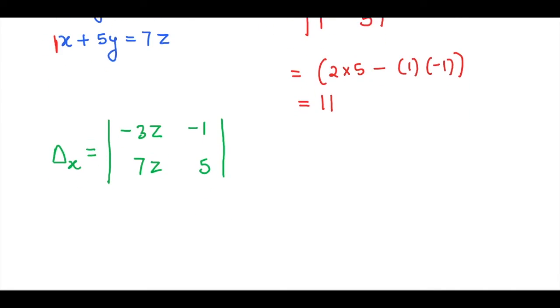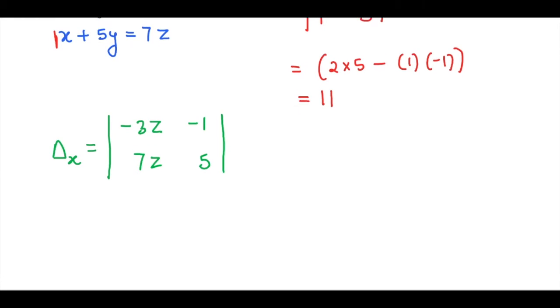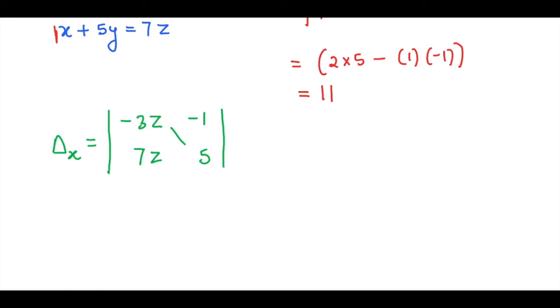It is very simple to find the value of del x here. Just multiply them and subtract them. So this will be -3z into 5, minus -1 into 7z.